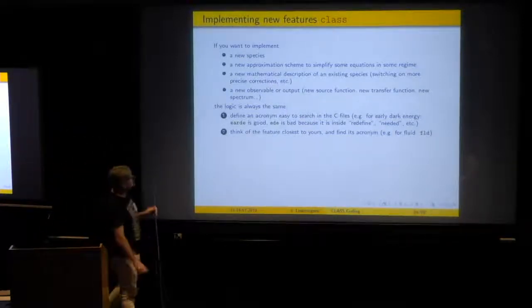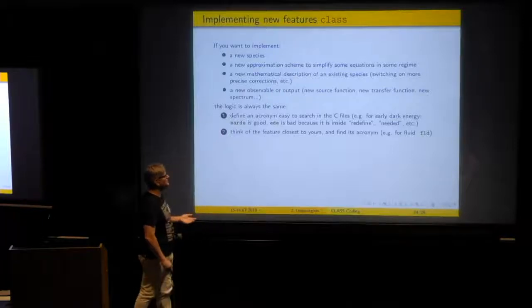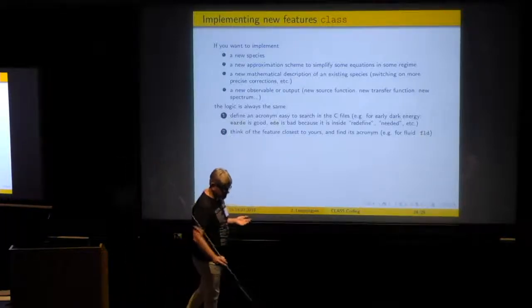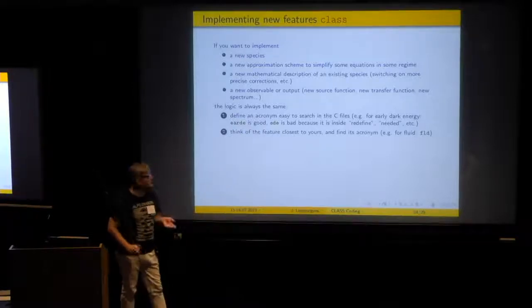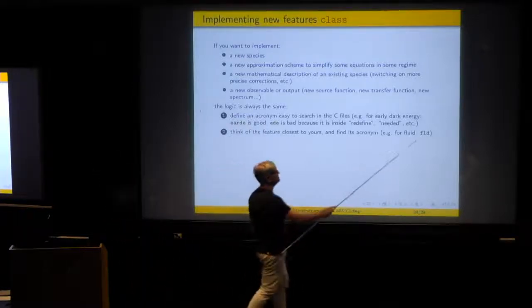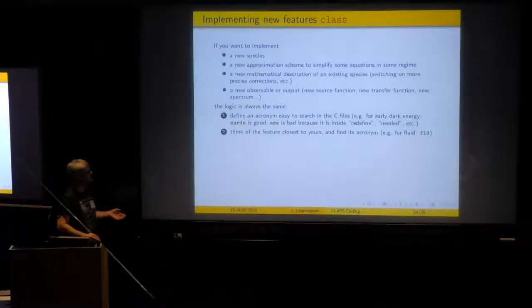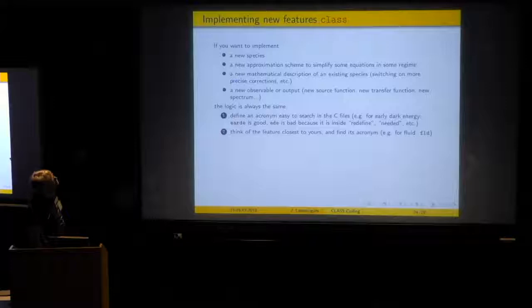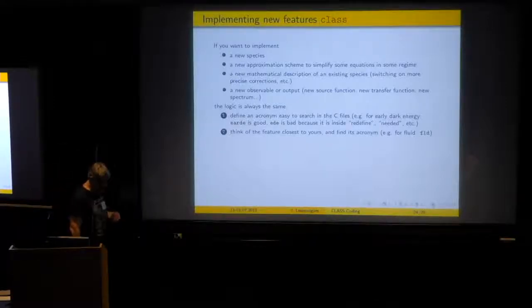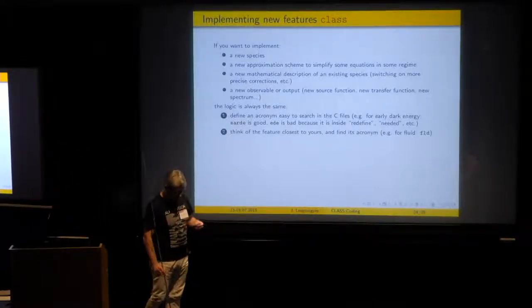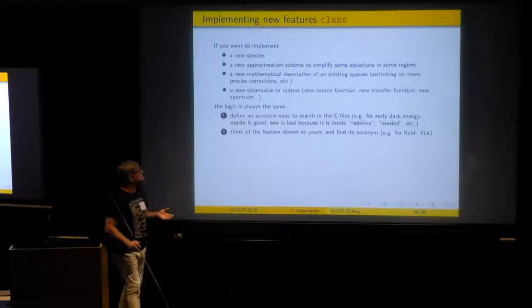Then think of a feature close to your feature. So if you want to code a new matter species with fluid-like equation, start from the fluid. With Boltzmann-like equation, start from the neutrinos. You want to implement a new approximation for the perturbations, start from TCA, tight coupling approximation.